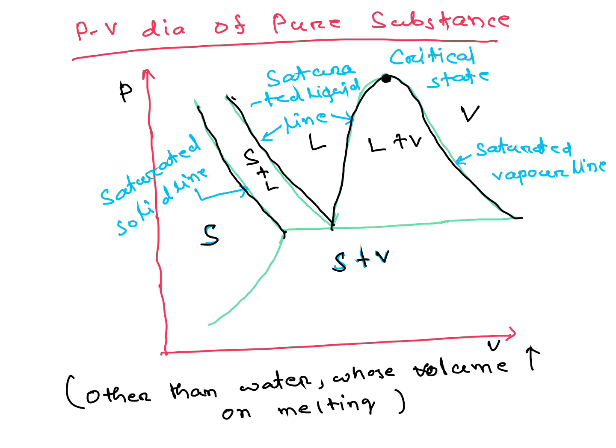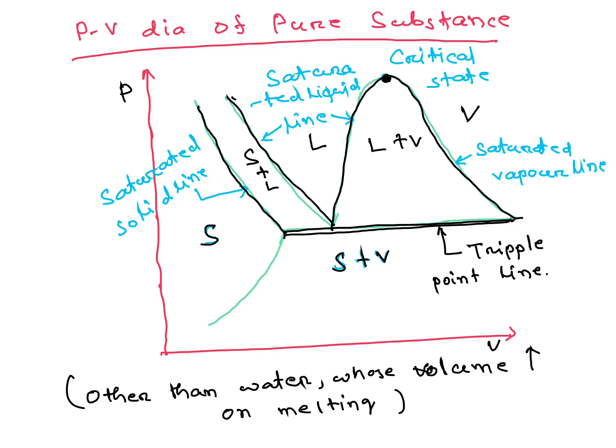It comes as a line in the PV diagram. Many times they asked this in the IAS examination. But in the case of the PT diagram, it will come as a point.